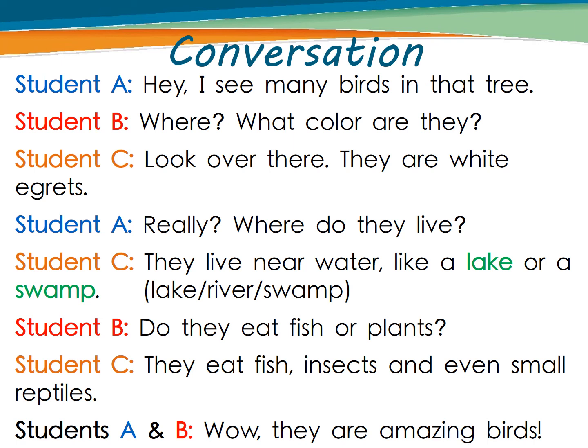Where do they live? They live near water, like a swamp or a river. Do they eat fish or plants? They eat fish, insects, and even small reptiles. Wow, they are amazing birds.